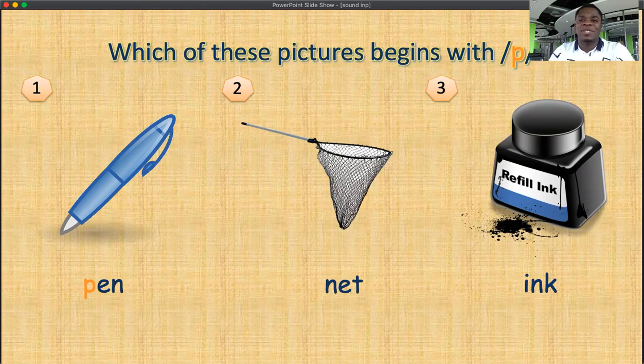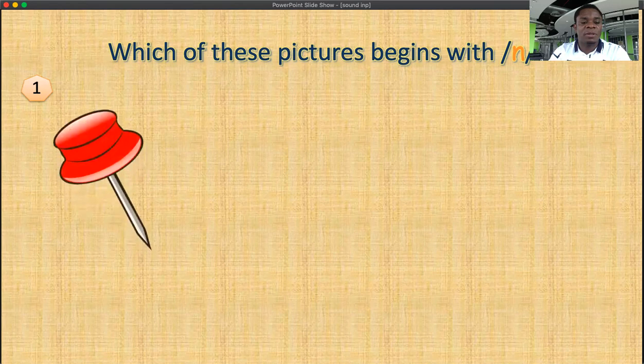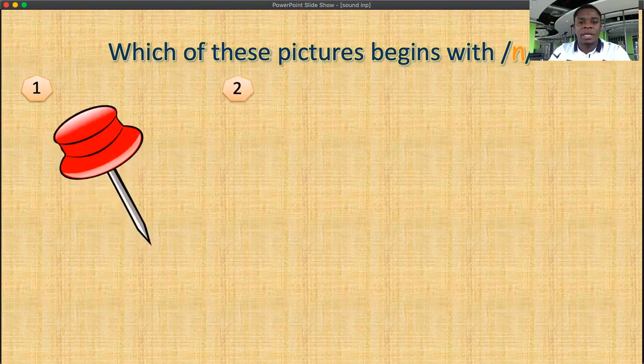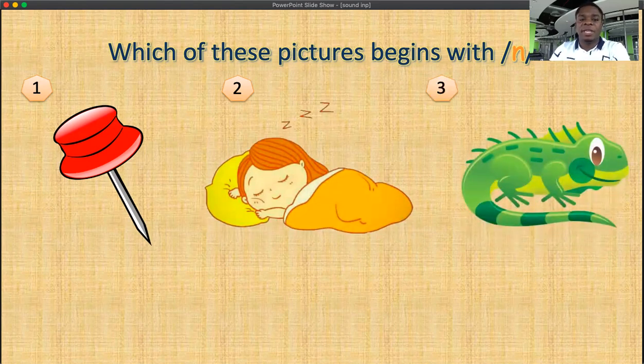Let's look at the next one, students. Which of these pictures begins with the N sound? Remember, the sound of the airplane. Is it picture number 1, picture number 2, or picture number 3? What is 1?